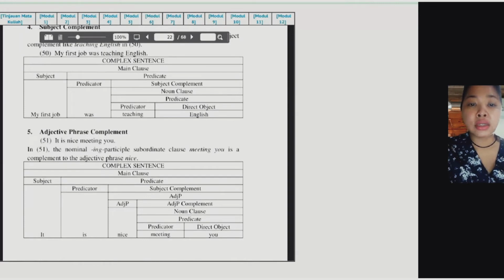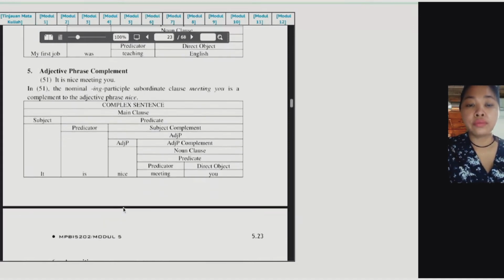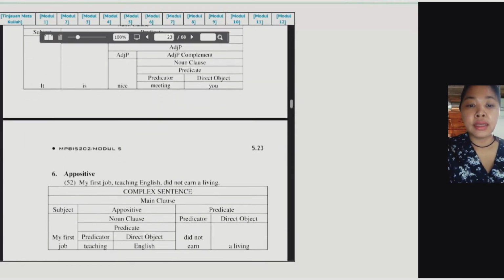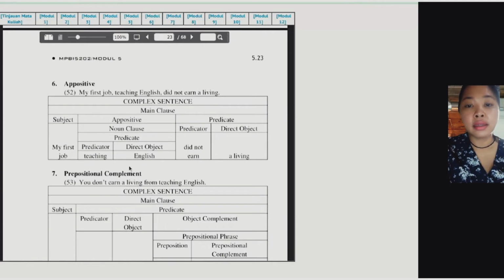And the adjective phrase complement goes after the adjective phrase, like it is nice, and after that is the noun clause, meeting you. And for the appositive, there is the subject and then the appositive, my first job, teaching English, and after that the predicate, did not earn a living.